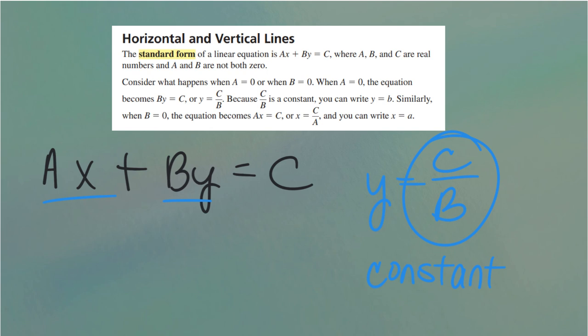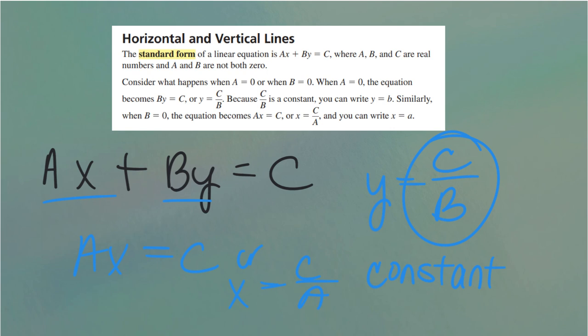Similarly, when B equals 0, the equation becomes AX equals C, or X equals C over A. If you see this, all they did was kind of rearrange the standard form of the linear equation, but I'm just showing you where A is 0 or B is 0.